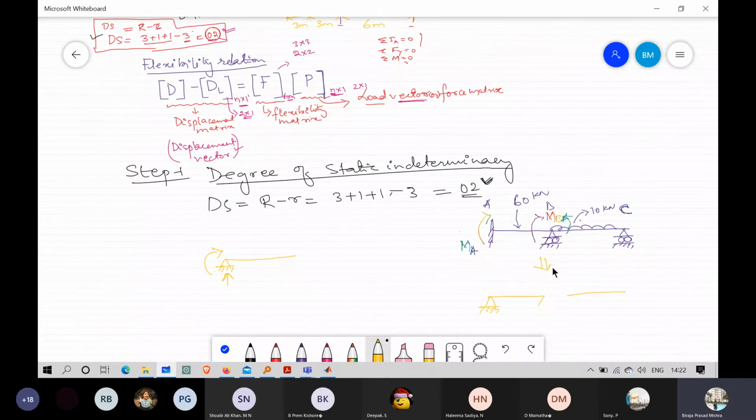This B is a roller one, this is also a roller one, and this one is by default roller. So this is our A, this is B, and this is again B, this is C. So this one is actually the determinate structure.